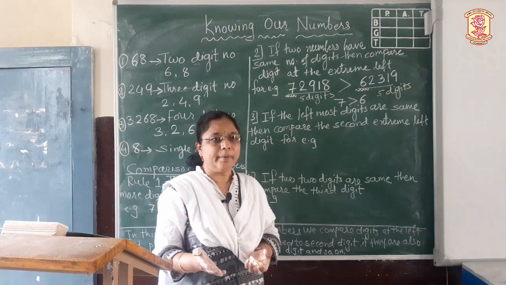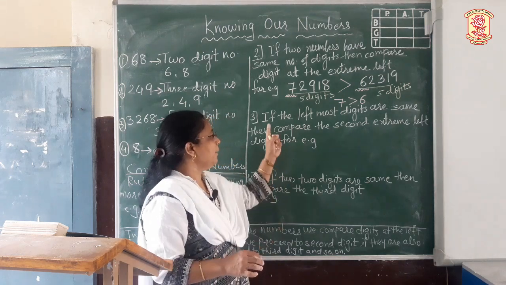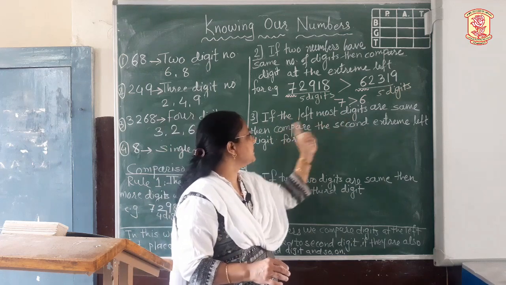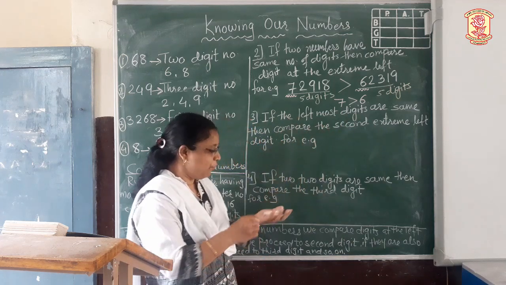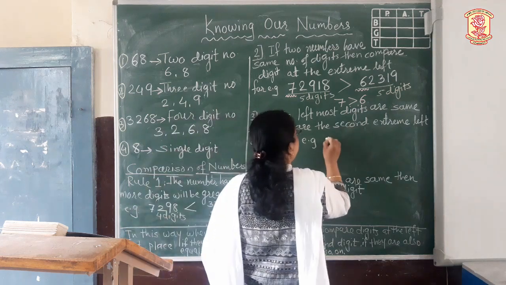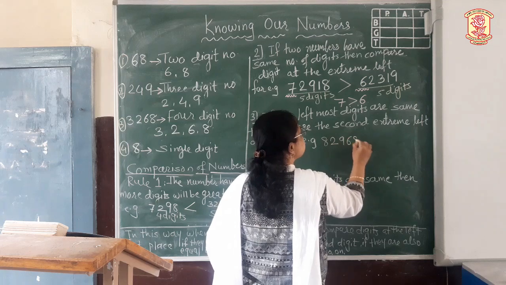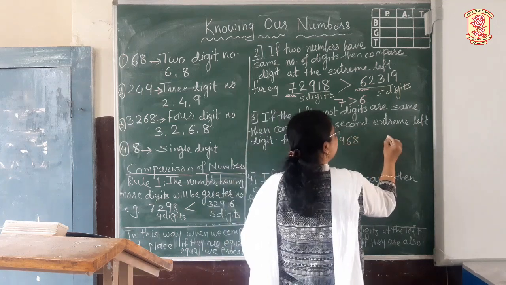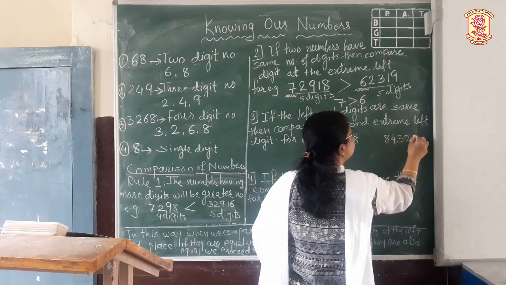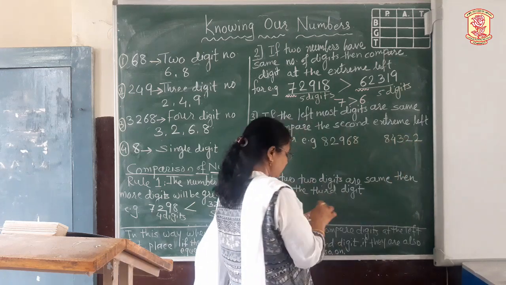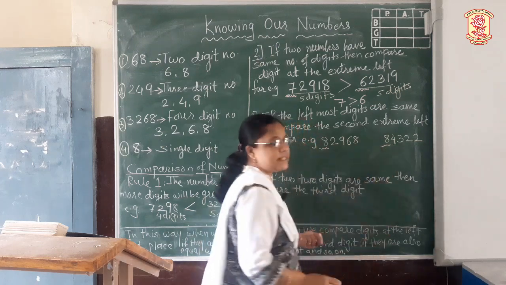Now rule 3. Sometimes we get the numbers, we have the same digit at the extreme left. Means if the leftmost digits are same, then compare the second extreme left digit. For example, now see 82,968 and another number 84,322. Now here in this case extreme left digit is same.